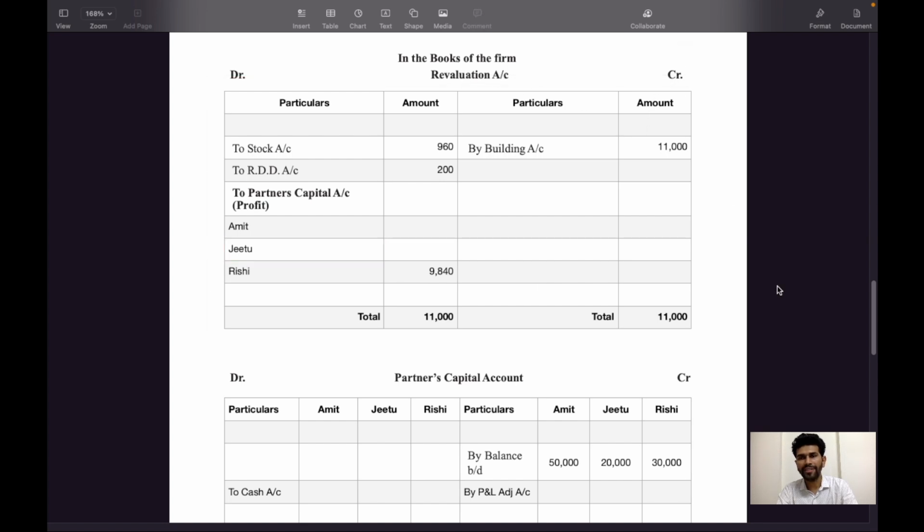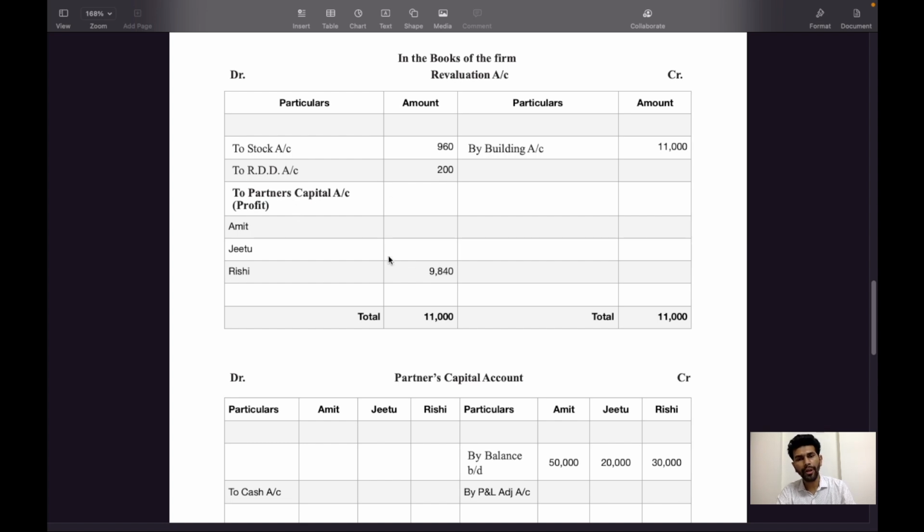Revaluation account credit side is more and we record profits on credit side. So if profit is more, then balancing figure will be revaluation profit.